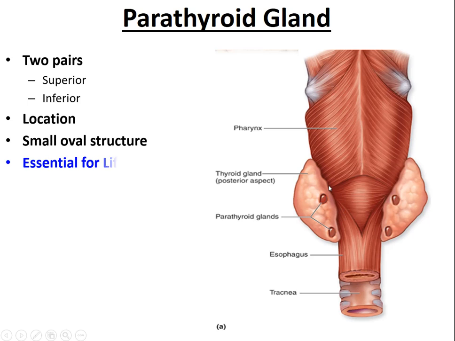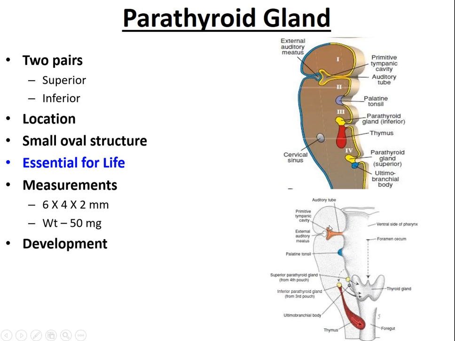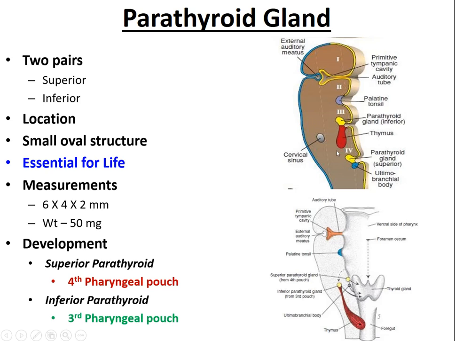It's a small oval structure, essential for life, measuring 6 by 4 by 2 millimeters and around 50 milligrams in weight. And developmentally, the superior parathyroid is developed from the fourth pharyngeal pouch, while the inferior parathyroid is from the third pharyngeal pouch.